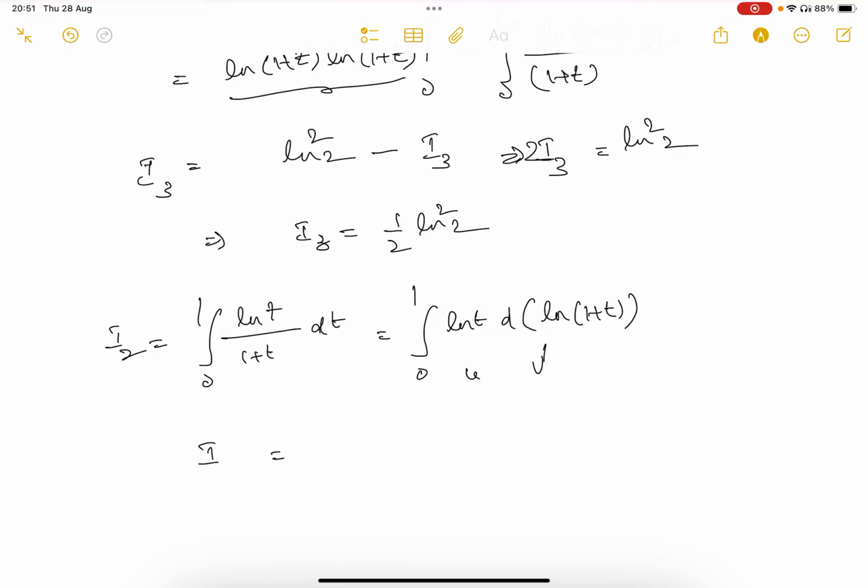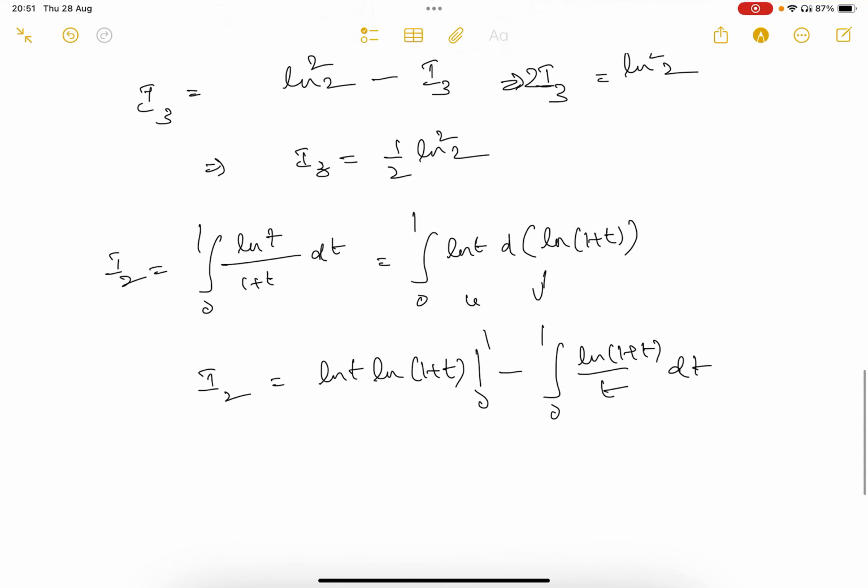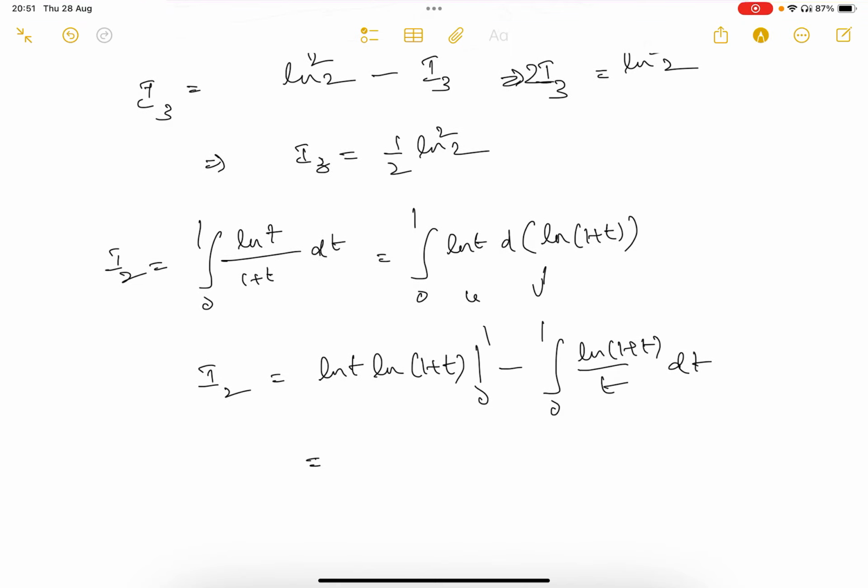Then I2 is uv, right? This will be ln t into ln of 1 plus t, integral 0 to 1, minus integral 0 to 1 u dash will be 1 by t, and this will be ln of 1 plus t dt. As you can see here, when t equal to 1, this will be ln 1, which will be 0, minus when t equal to 0, it will be ln 1, which will be 0.